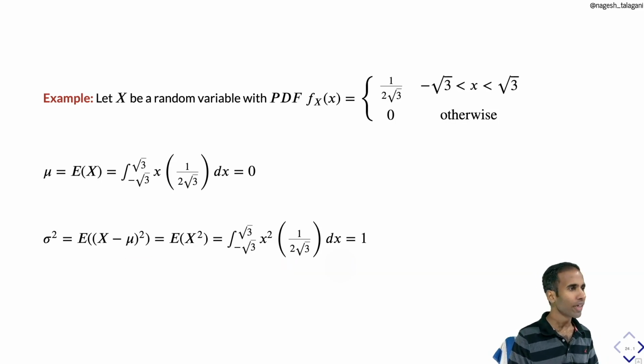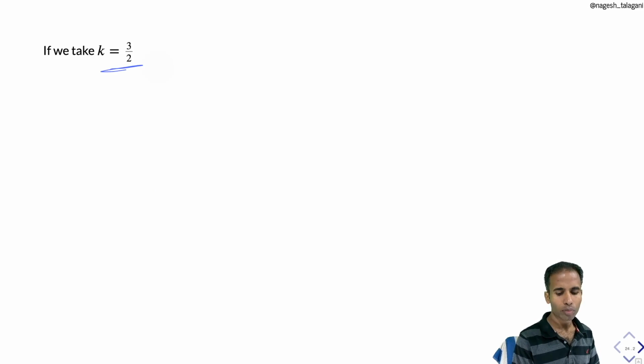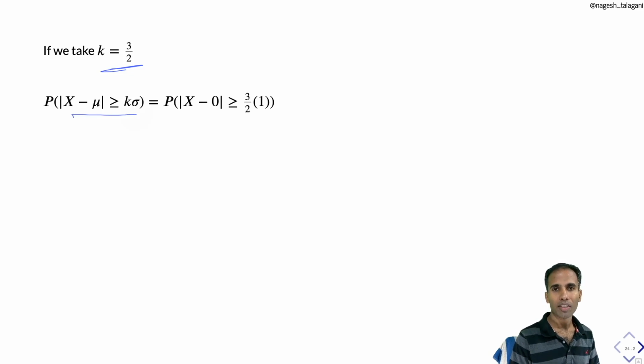Now, if I take k equal to 3 by 2, let's try to compute the probability of mod x minus mu greater than or equal to k sigma using the actual probability distribution. Here the mean is 0, k is 3 by 2, and sigma square is 1, which implies sigma is 1.